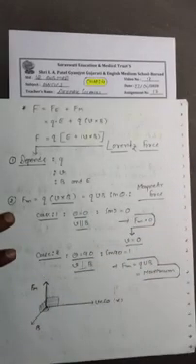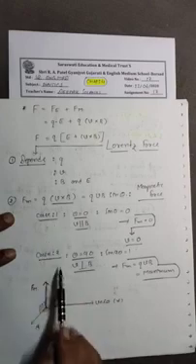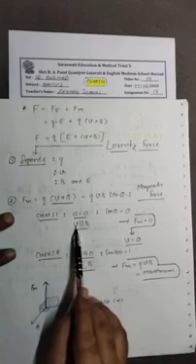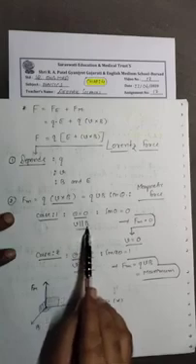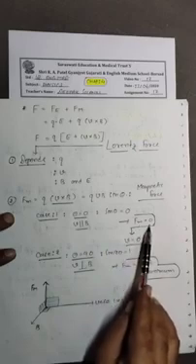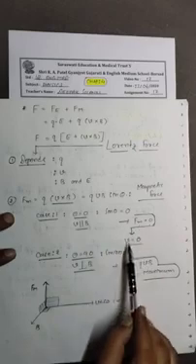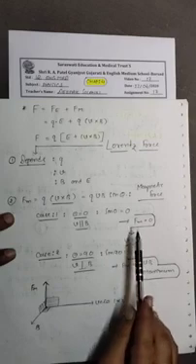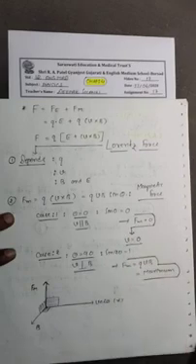Then we took two cases. When theta is equal to 0, the velocity of the charge is parallel to the magnetic field, so at that time the magnetic force becomes 0. Or when the velocity of the charge is 0, meaning the charge is steady, the magnetic force is 0.